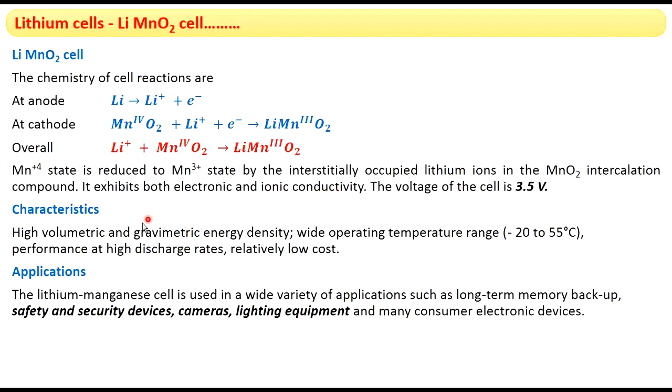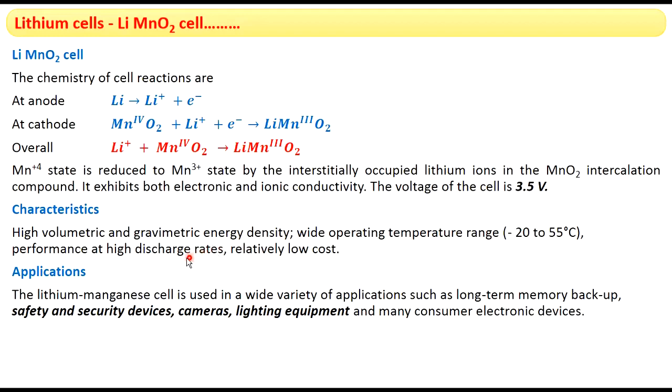Characteristics or advantages of LiMnO2 battery: high volumetric and gravimetric energy density. So in terms of mass and in terms of volume, energy density is high for this cell, and it has a wide operating temperature. We can use this battery from -22 to 55 degrees centigrade, which is a wide operating temperature range compared to other batteries.